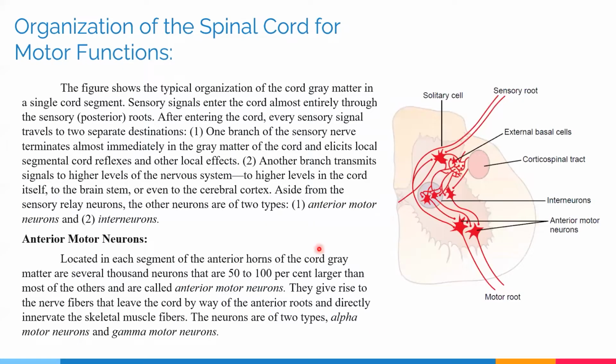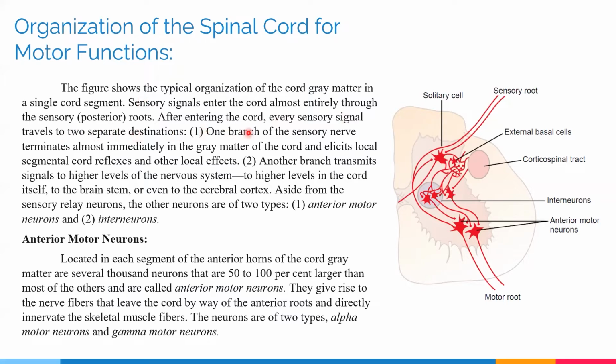Now, next, let us look into organization of the spinal cord for motor function. The figure shows the typical organization of the cord gray matter in a single cord segment. Sensory signals enter the cord almost entirely through the sensory posterior roots.